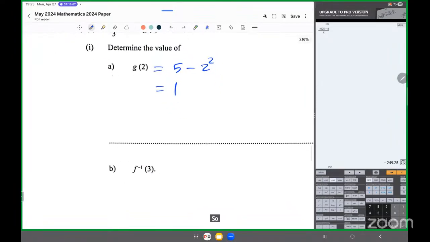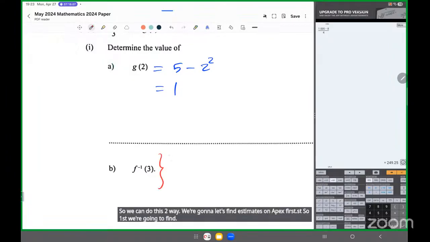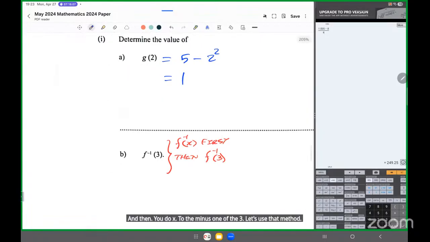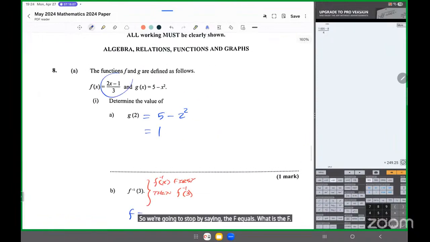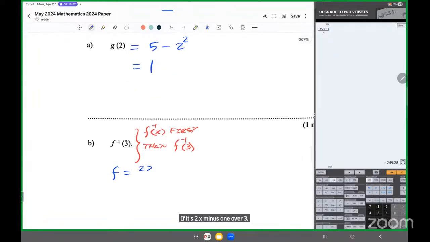We can do this 2 ways. Let's find f to the minus 1 of x first, and then you do f to the minus 1 of 3. Let's use that method. So we're going to start by saying f equals 2x minus 1 over 3.